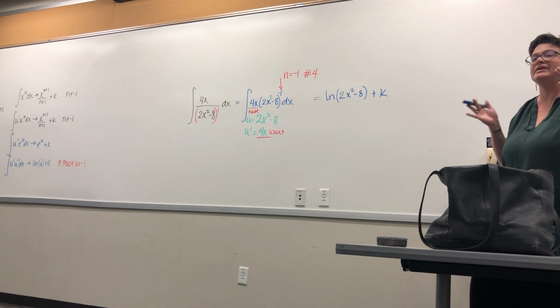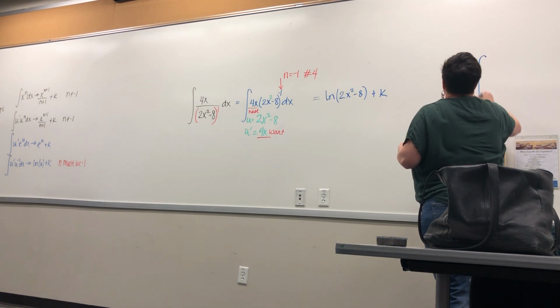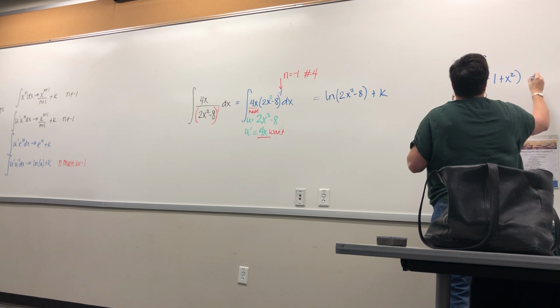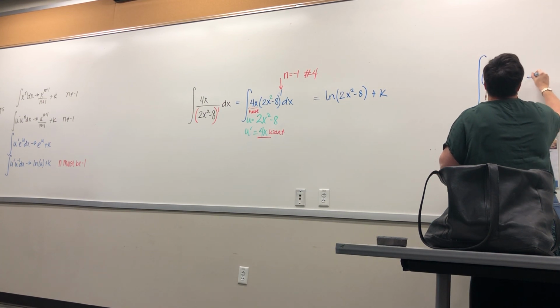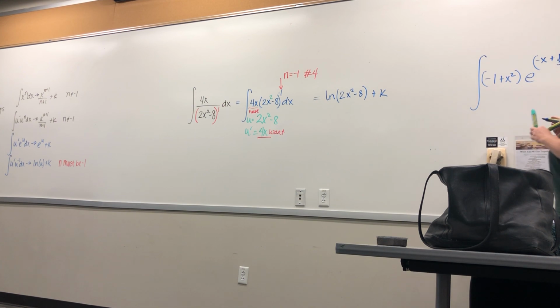It has to be only -1, just -1 and nothing else. So what you might see is -1 plus x squared, e to the -x plus 1/3 x cubed. Jeez Louise. So I'm rebuilding your sausage here, sort of. Okay?